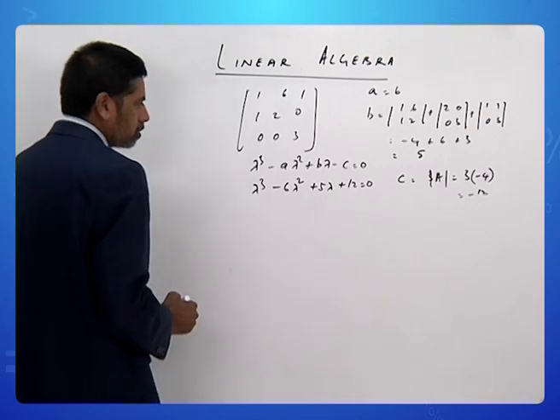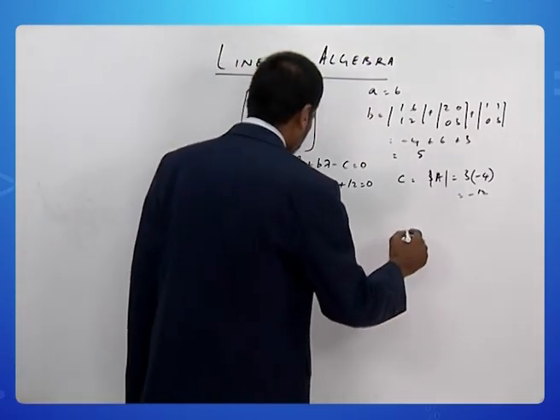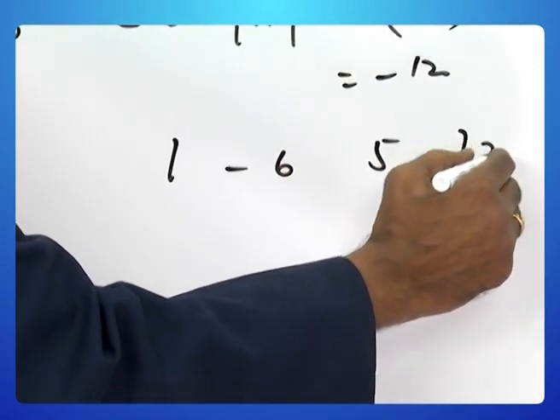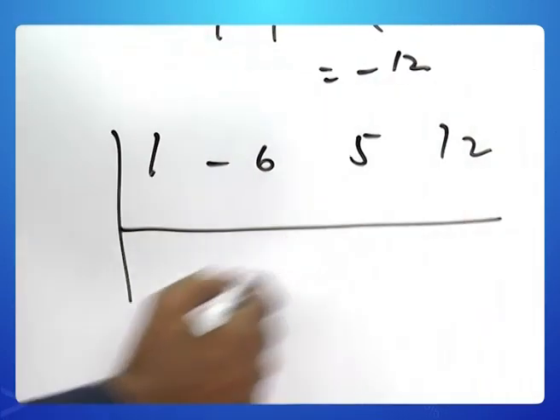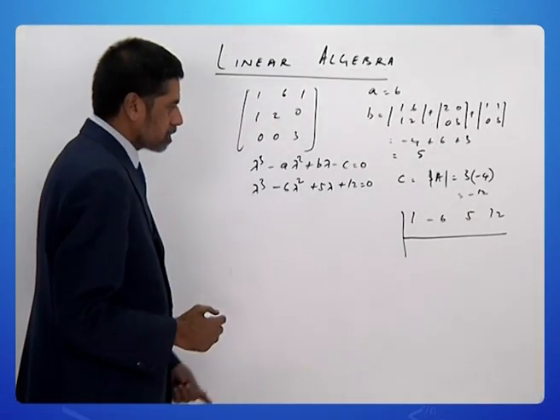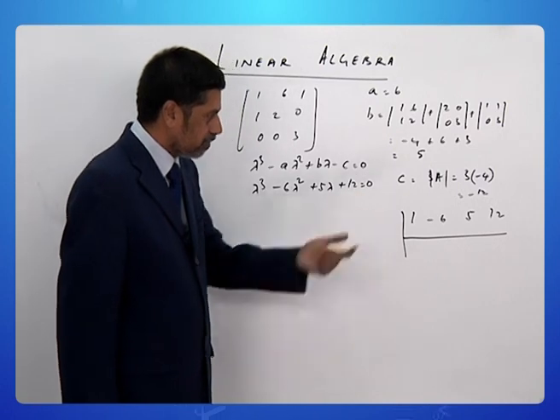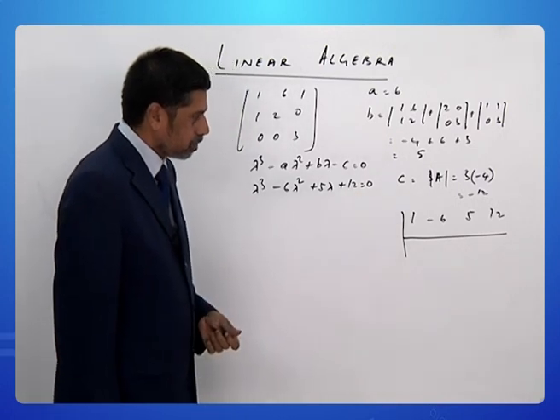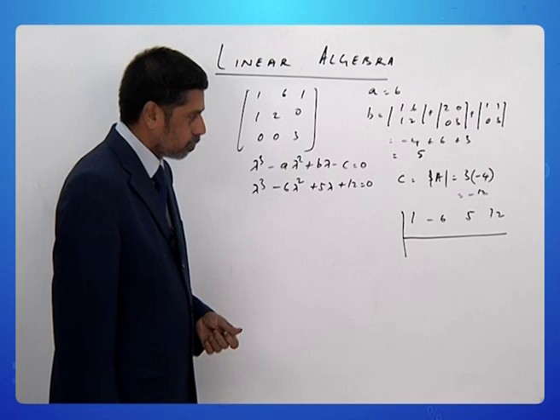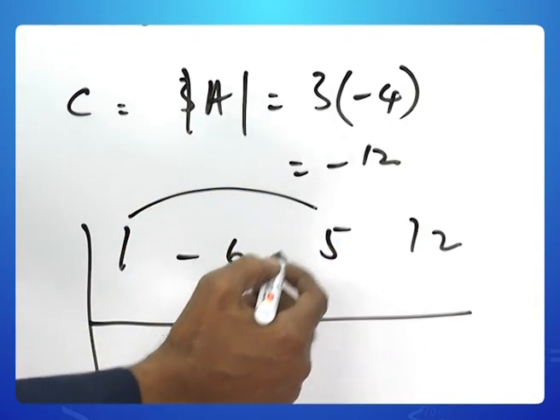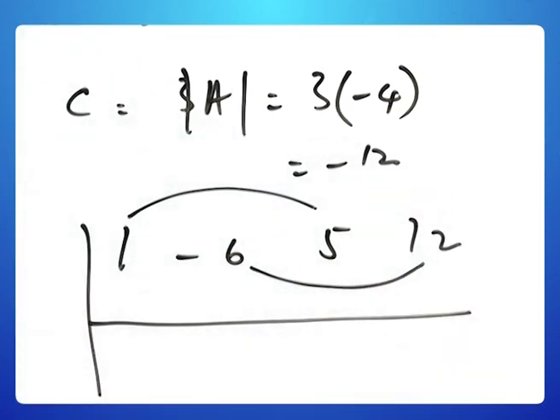So let's try to find out the eigenvalues. 1, minus 6, 5, 12. Now you must see for any standard patterns. Sum of the coefficients is not equal to 0, so therefore lambda is equal to 1 cannot be an eigenvalue. But you can see that the sum of the odd coefficients is equal to sum of even coefficients.